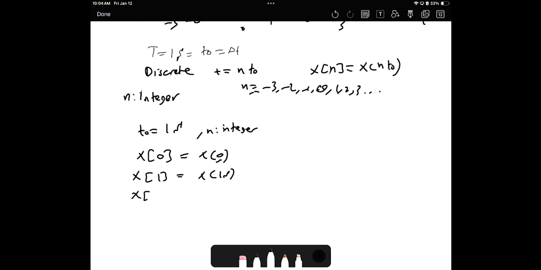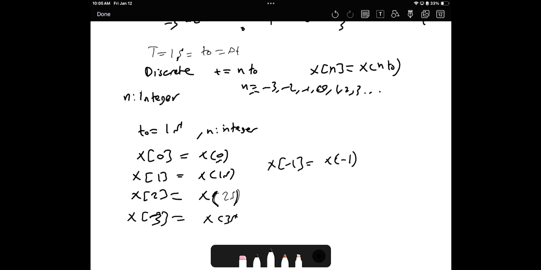Then x of 2 equals x of 2 seconds. x of 3, the same thing, x of 3 seconds, and so on. The same thing for the negative numbers: x of -1 equals x of -1 second, x of -2 equals x of -2 seconds. So if the time step is 1 second, that's what we can do.